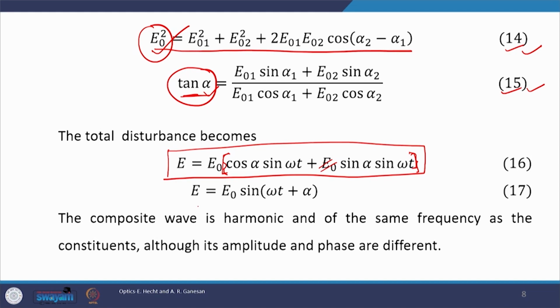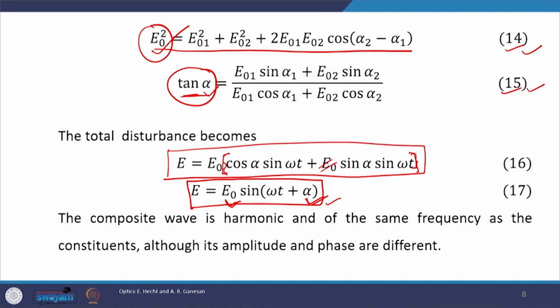Therefore, the final expression reduces to E is equal to E naught sin(omega t plus alpha), where alpha is given by equation number 15 and E naught is given by equation number 14. All the things are known in equation number 17, and this is the resultant disturbance in the medium.